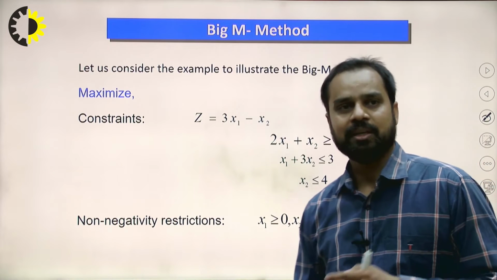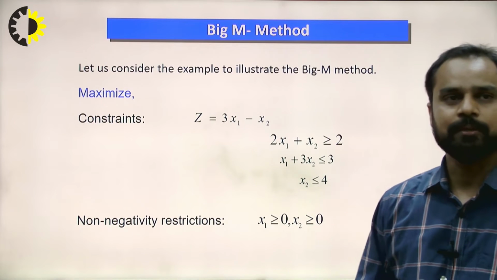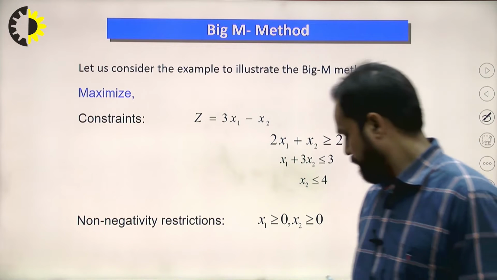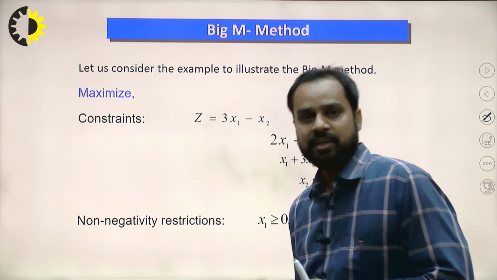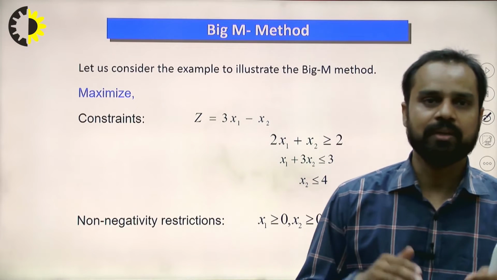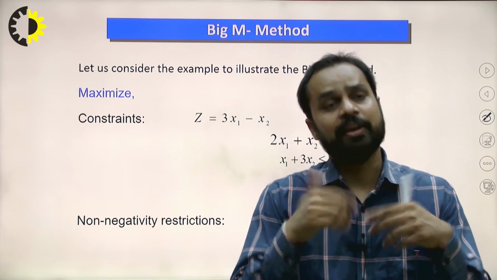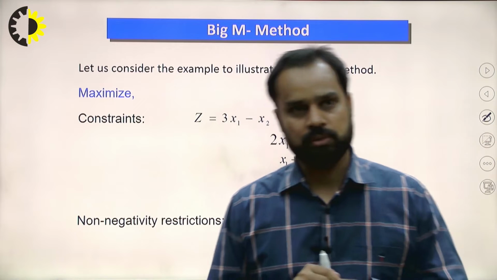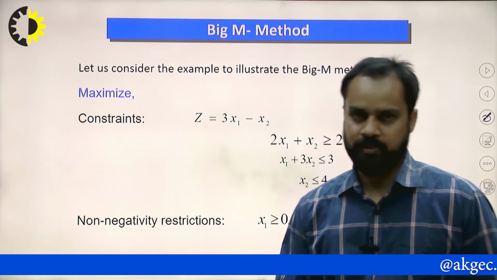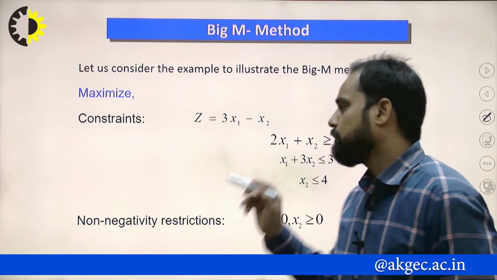Now, another extension of this method is known as the big M method. And this big M method is just an extension of the simplex method. The important thing to understand is when we can use this big M method. Suppose the problem is like this.